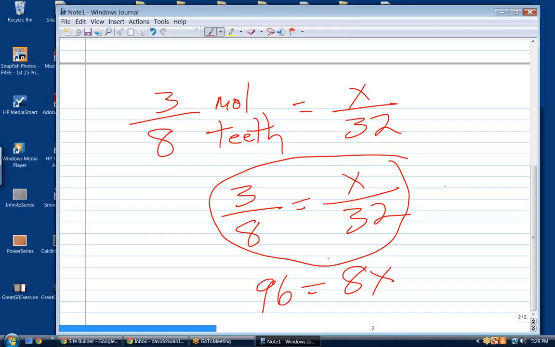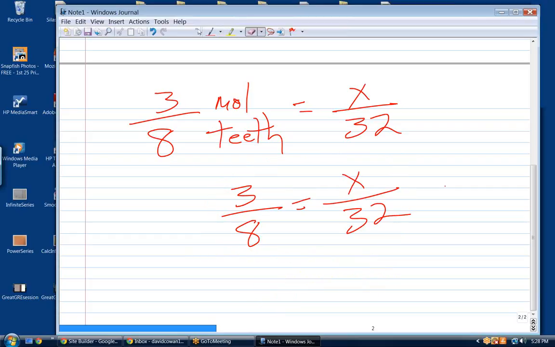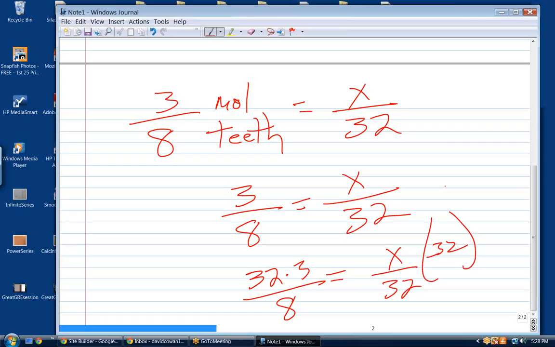Yeah, but notice I can do all of that in one step. In other words, I don't need to fully cross multiply. All I need to do is just multiply both sides by 32. The 32's cancel and I've isolated my x immediately.